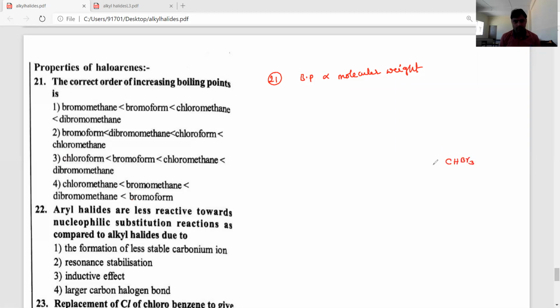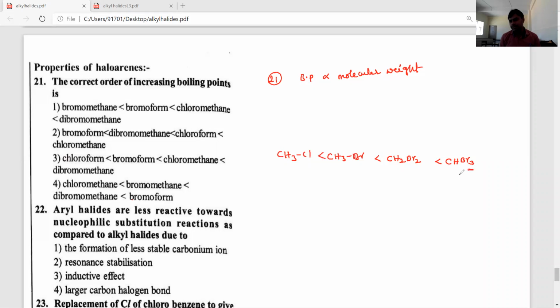Dibromomethane means CH2Br2. Next one is bromomethane, CH3Br. And then chloromethane, CH3Cl.